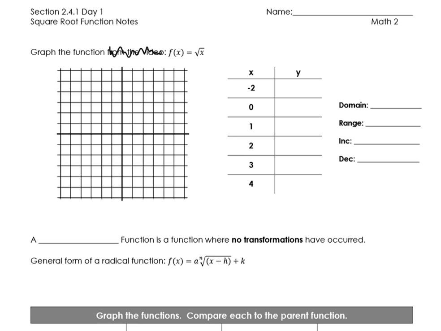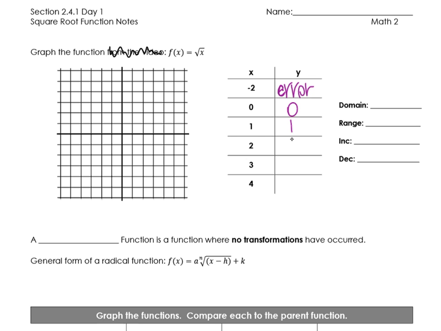If you notice, we're used to seeing a lot of values in the y column which are nice and pretty, and these aren't anymore. That's because we're dealing with a square root instead of a square like we have been. So here, when x is -2, it says error. When x is 0, it's 0. When x is 1, it's 1.